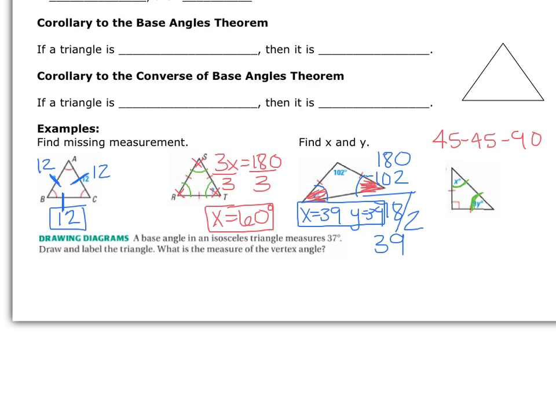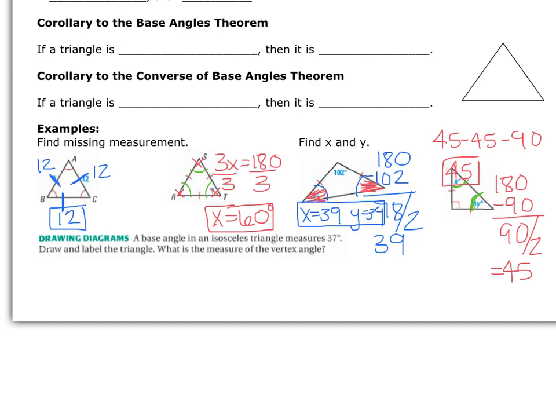We have 180 total. 90 is already taken up by the right angle, so 90 is left. If it's isosceles, that means this sum is split evenly between 2 angles. So that equals 45. So here x is 45.